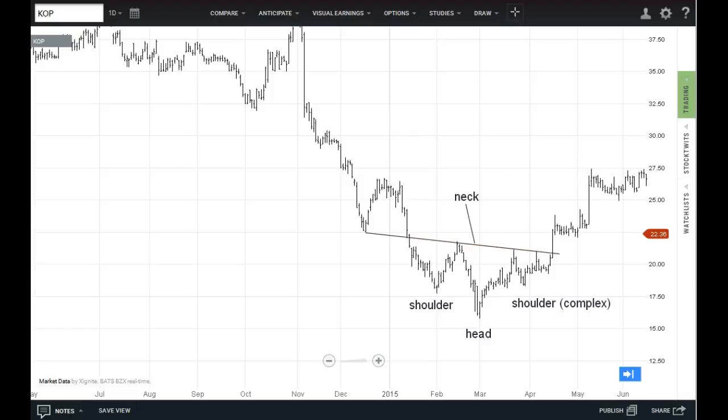The pattern is named for somewhat of a resemblance to a head, which would be the peak in a rising market, surrounded by two lower peaks called shoulders, and the neckline would run through the reactions between those peaks. In this case, we're looking at the opposite, so the reaction between the lows. That's called the neckline.